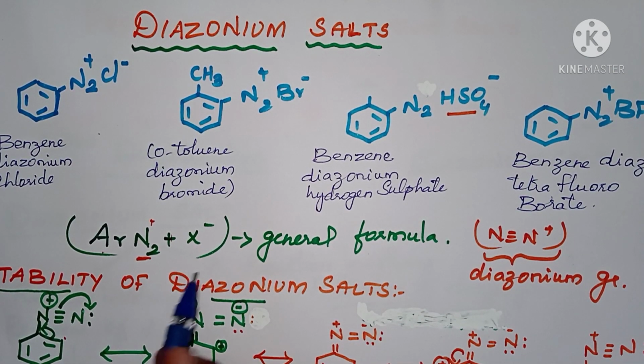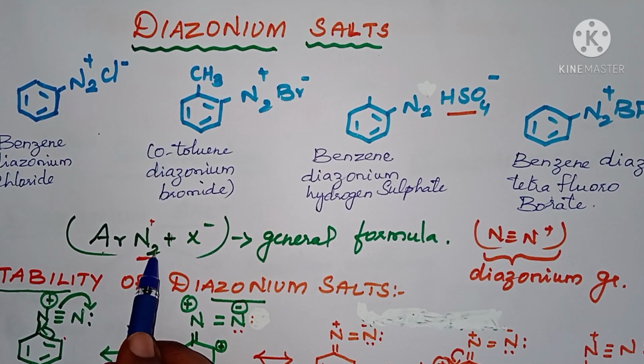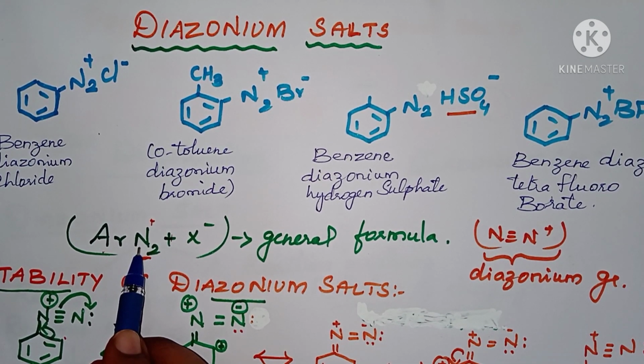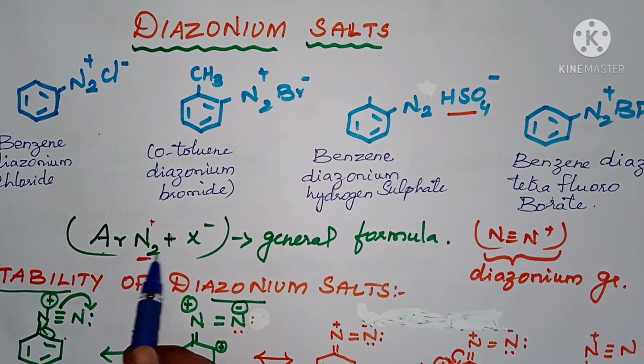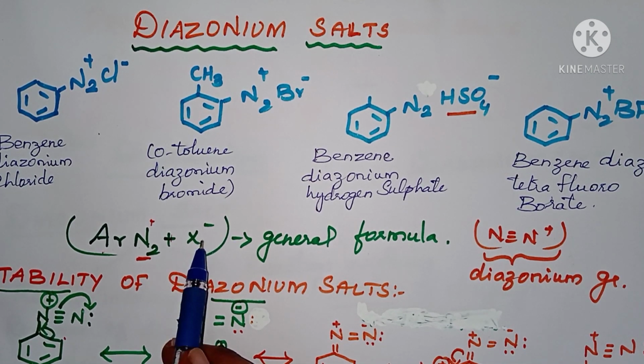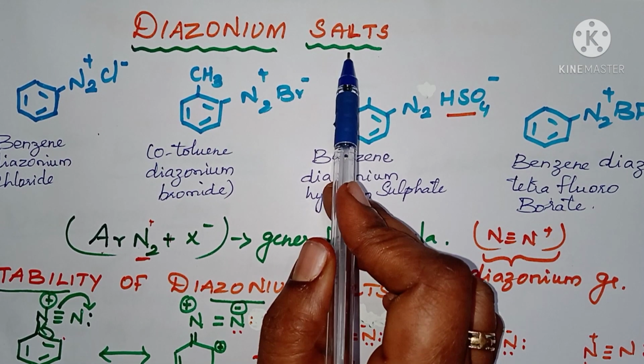If a halogen atom is available, naturally that will be a salt. So that is what diazonium salt is. Di means two nitrogen group combined with aryl group. That means an aromatic group is attached, and along with that a halogen group is present. That's why we say it is a salt.